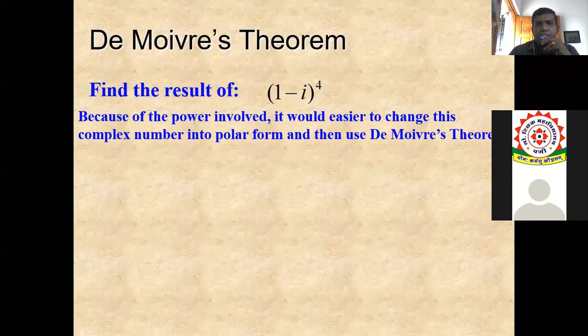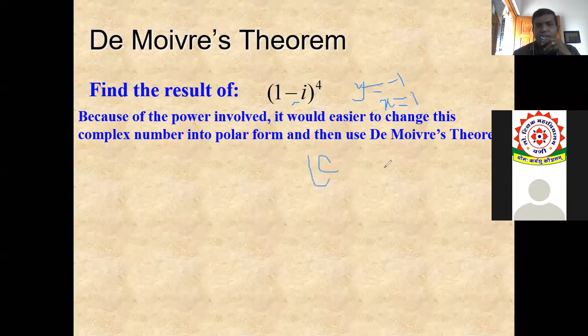The value of r is the square root of 1 squared plus minus 1 squared, that is root 2. The angle is tan inverse of y by x, where y is the coefficient of i, which is minus 1, and x is the real part, 1.